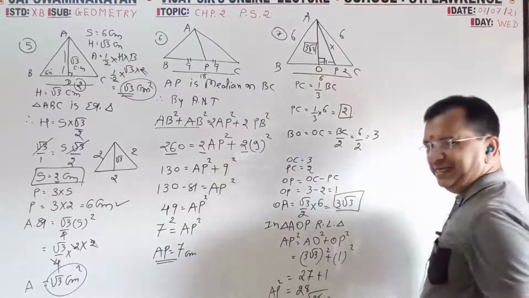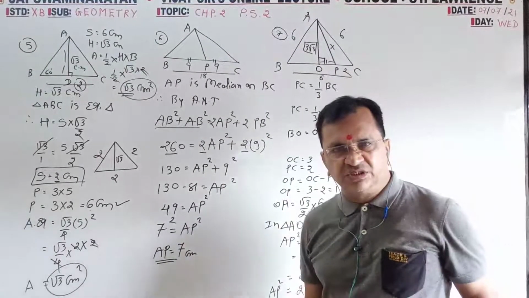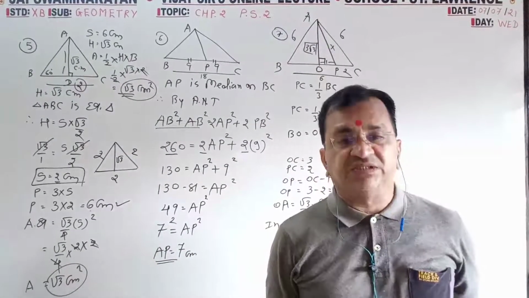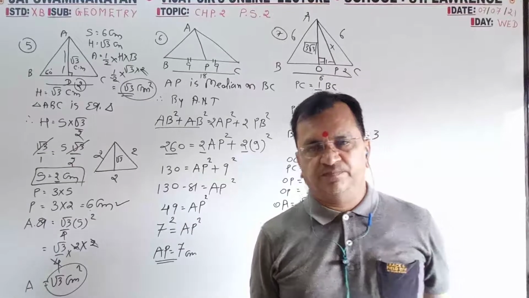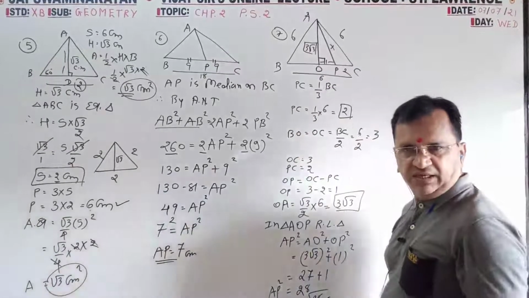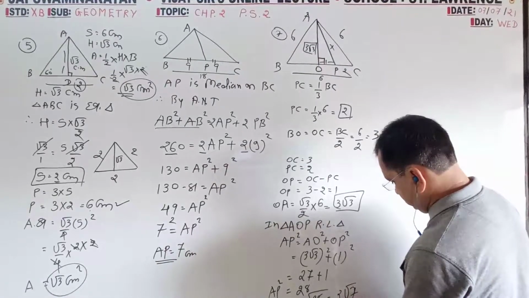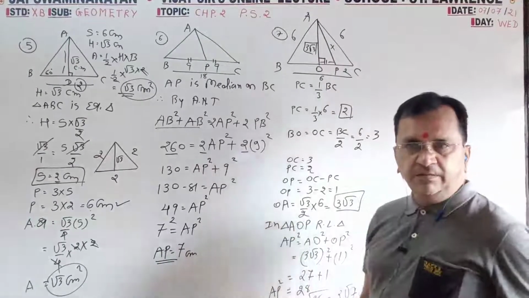Root 28 means 4 7s are 28. So it is 2 root 7 centimeter. Correct?